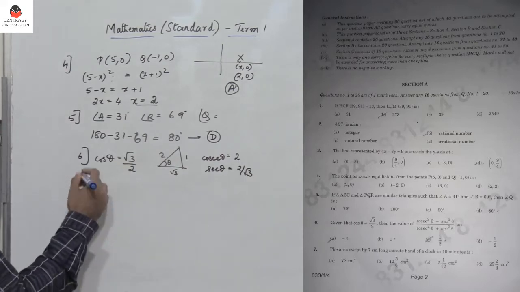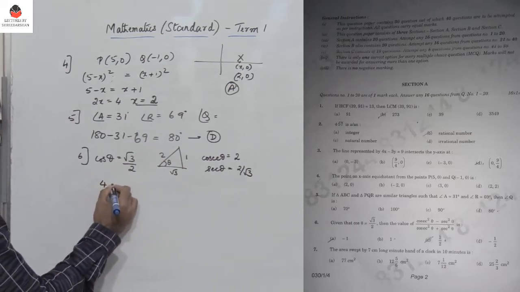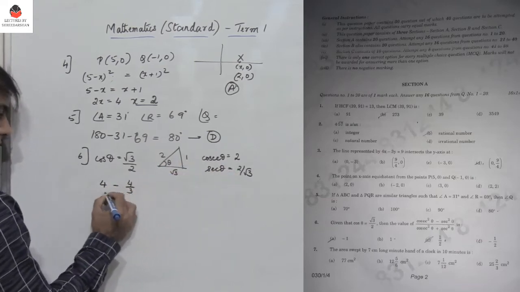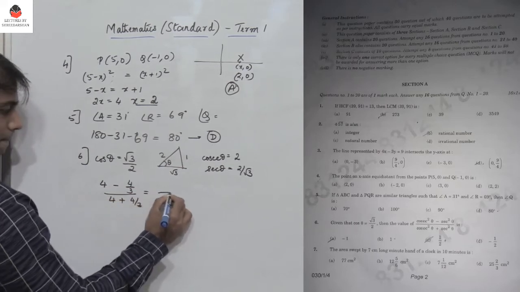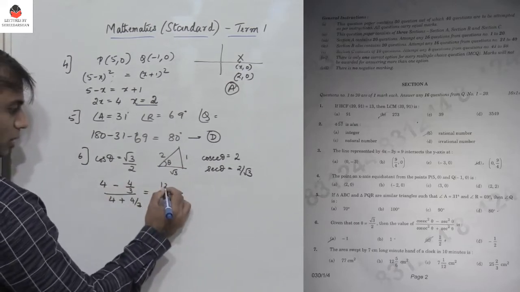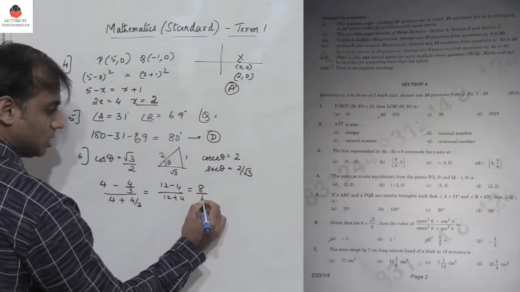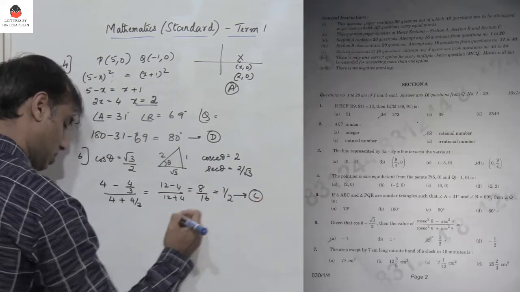So we have cosecant square theta, which is 2 square, which is 4, minus 2 by root 3 the whole square, 4 by 3, divided by 4 plus 4 by 3. Take the LCM here. So this is 12 minus 4 divided by 12 plus 4, which is 8 by 16, which is equal to 1 by 2. So the option is C.